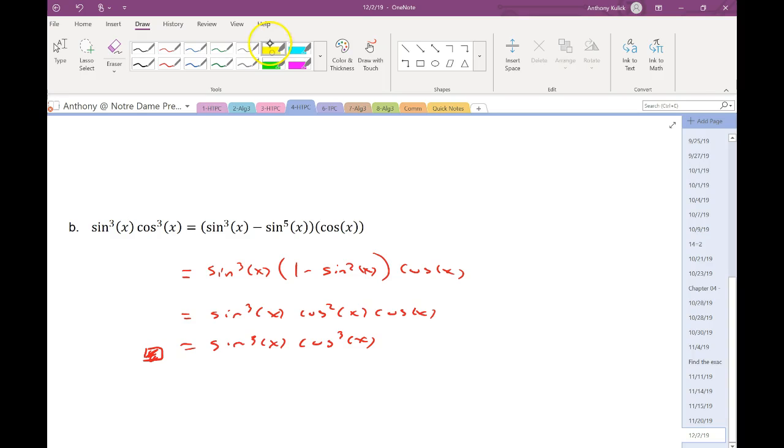And this is a nice one to point out how much you can glean by looking at both sides of the equation at the same time. So, I can see right away that the cosine at the end I'm never going to do anything with, because I still need to have a times cosine at the end.